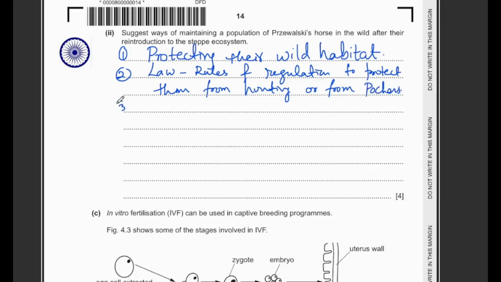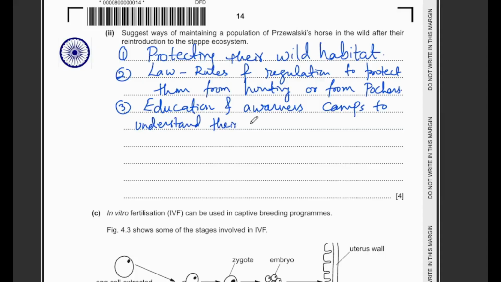Third and very important one is education or awareness campaigning. Education and awareness camps to understand their importance in the ecosystem.